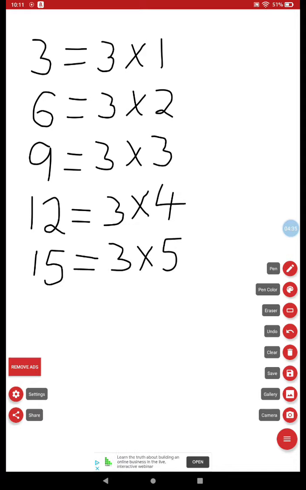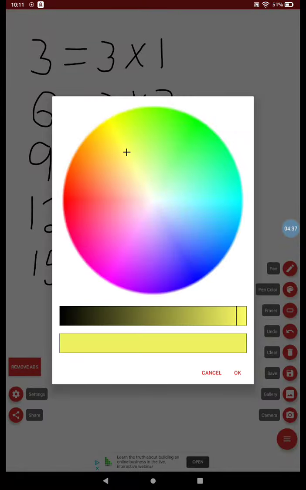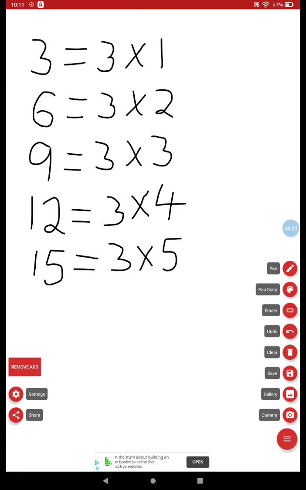Did you notice the pattern? The pattern is this. In this column, I'm counting up in increments of 3. You see that?